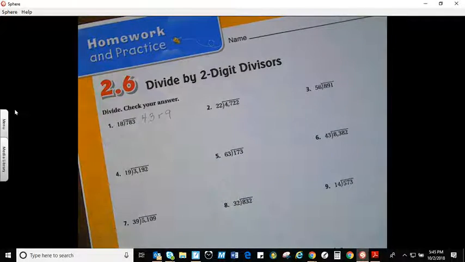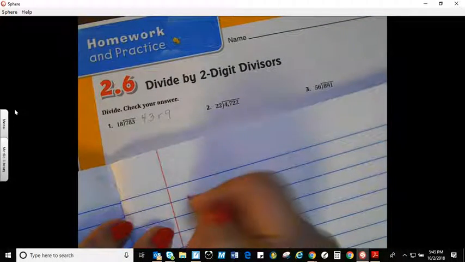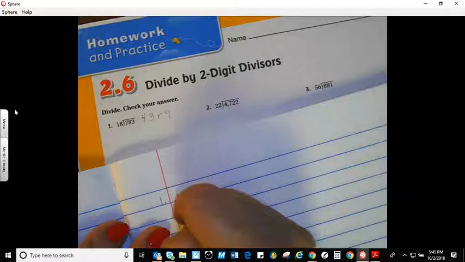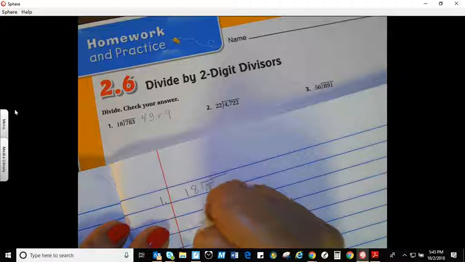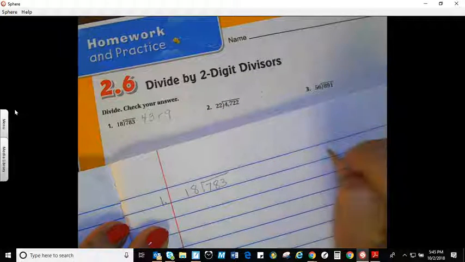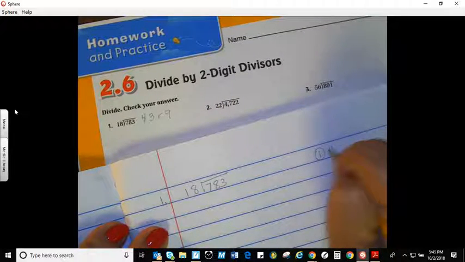So I'm going to take my handy-dandy paperwork, and I'm going to move it over here to number 1, and it's just going to be 18 goes into 783. Now my first step is I need to find out number of groups.